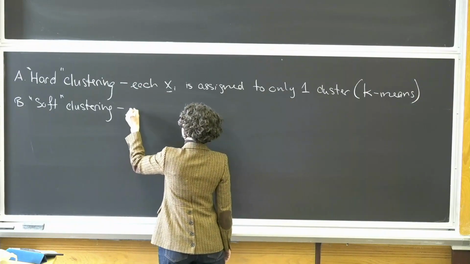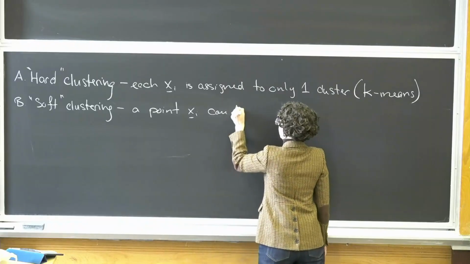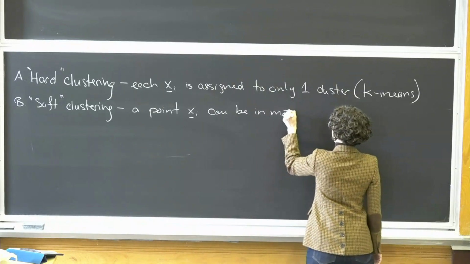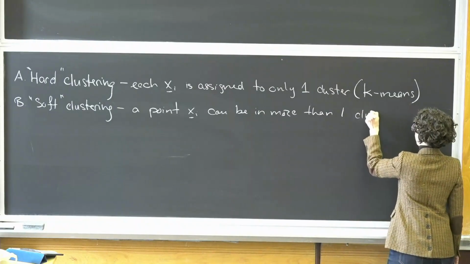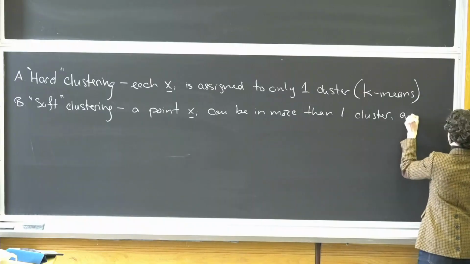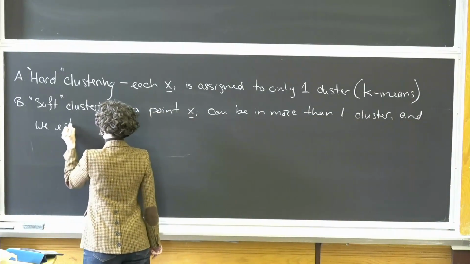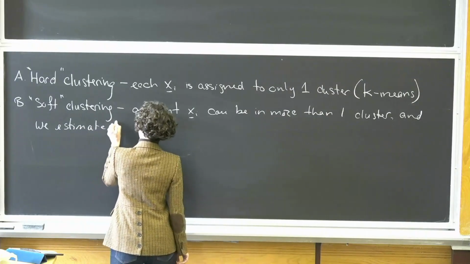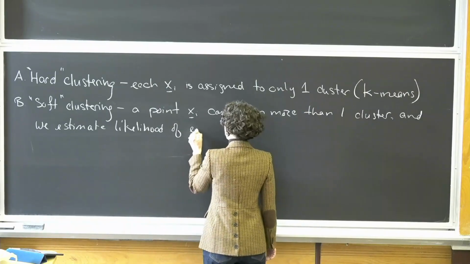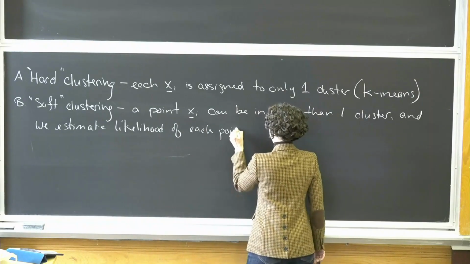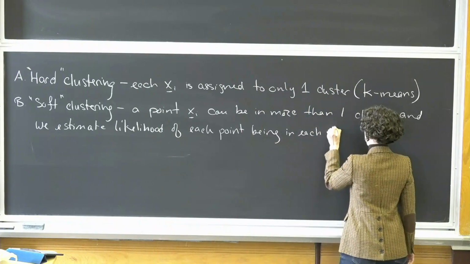So a point xi can be in more than one cluster, and we estimate the likelihood of each point being in each cluster.